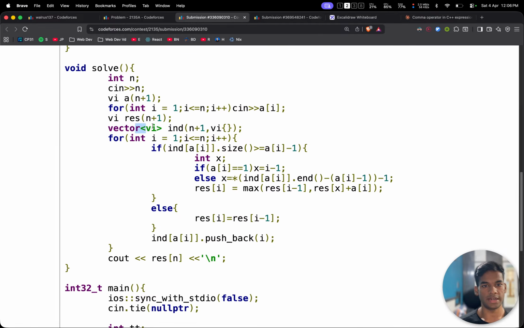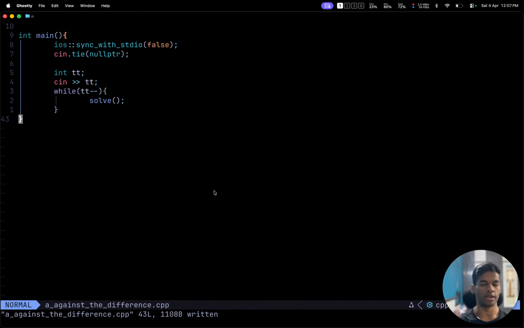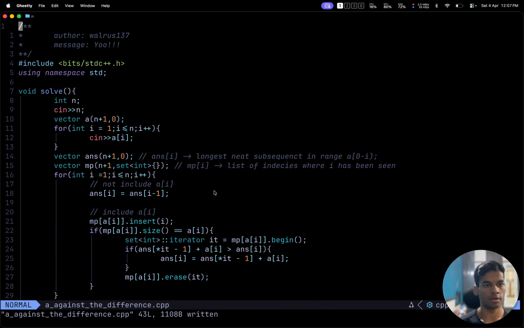Vector of integers. Okay, I didn't use a set. I used a vector. But set is better. Index, IND means index. Dot size greater than or equal to this pool. Okay, yes, we can use a vector. That would also work.